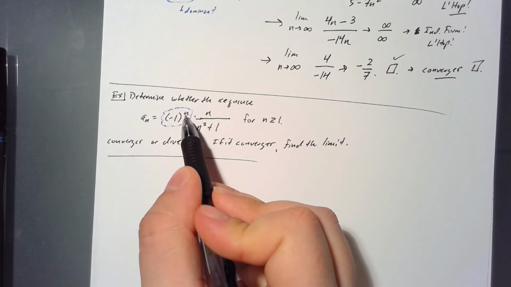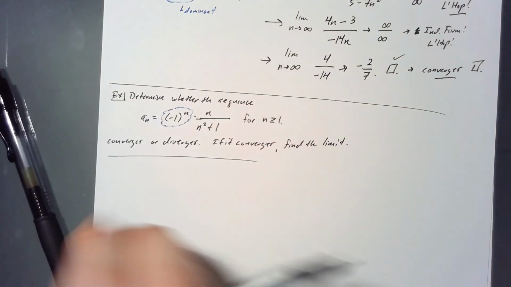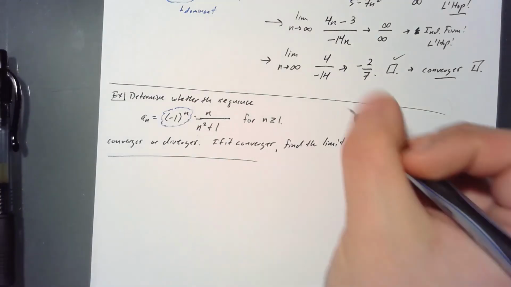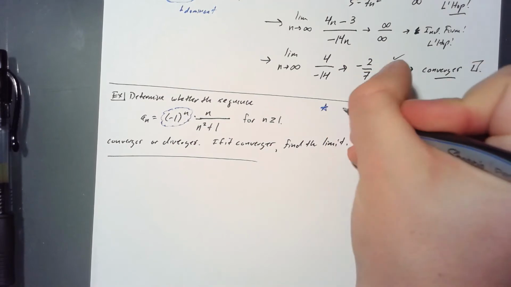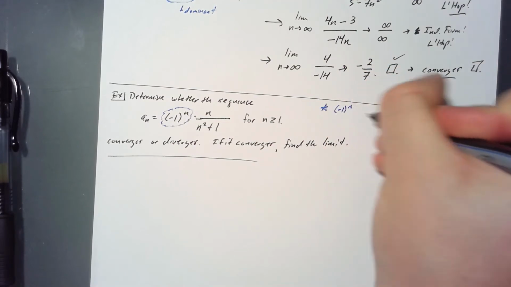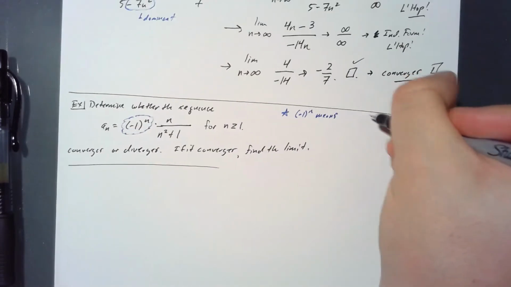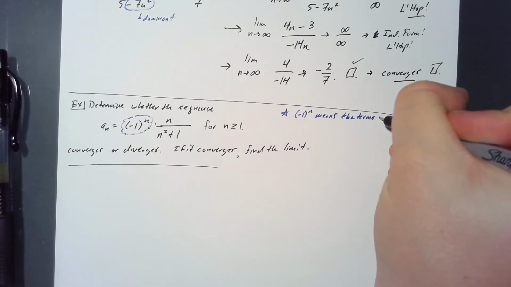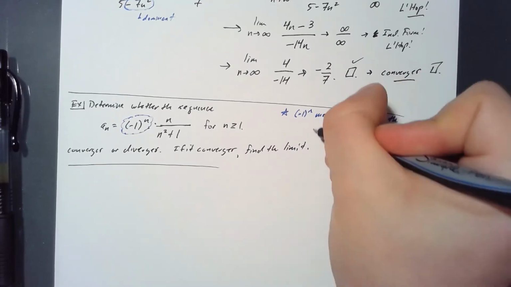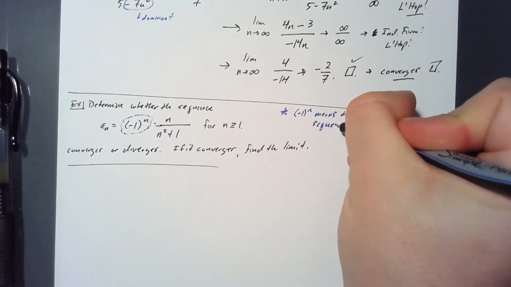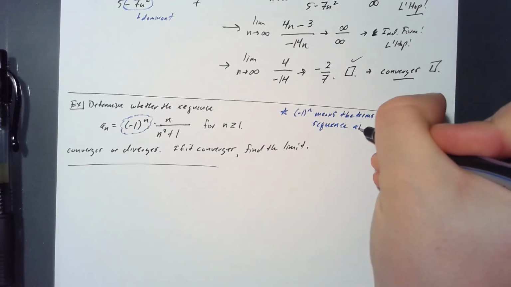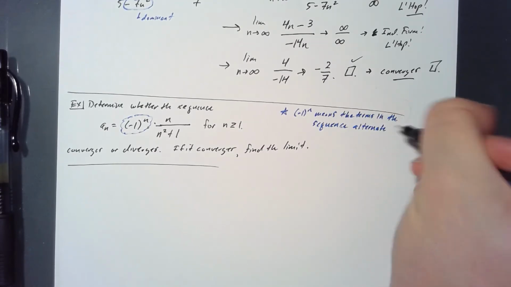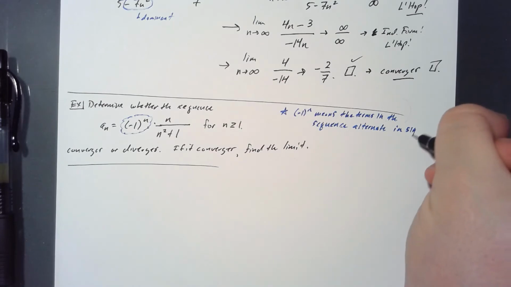So all this means is that this (-1) to the nth power, and I'll jot it down here, means the terms in the sequence alternate in sign.